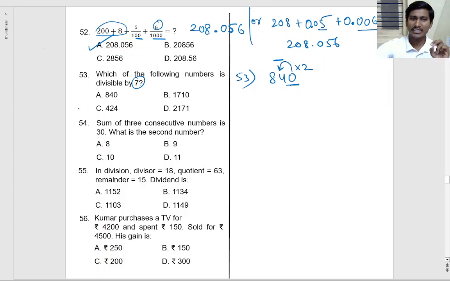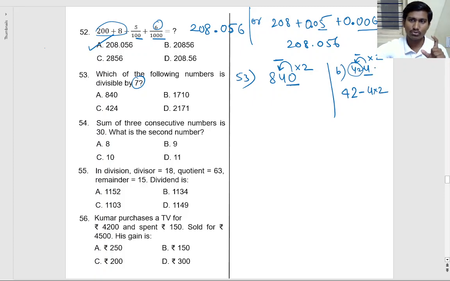Or let me take one example, option B, 424. The last digit we have to multiply by 2 and subtract from the remaining number, 42. So 42 minus 4 into 2. 4 twos are 8, and 42 minus 8 is 34.